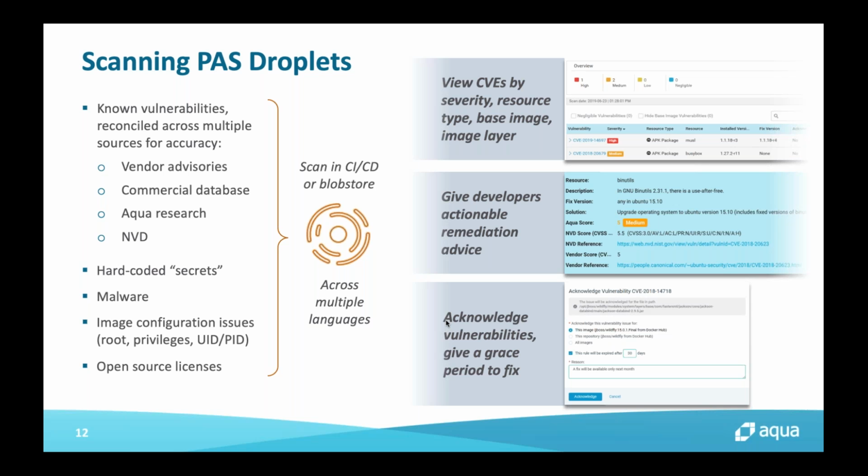So you can actually acknowledge a vulnerability and say, okay, and then after 15 days, expire this rule, and it's going to go back to being non-compliant again. So again, the flexibility to give yourself a grace period: we know this is a vulnerability, but we have to have this particular vulnerability to run. We want to make sure that we provide that flexibility.